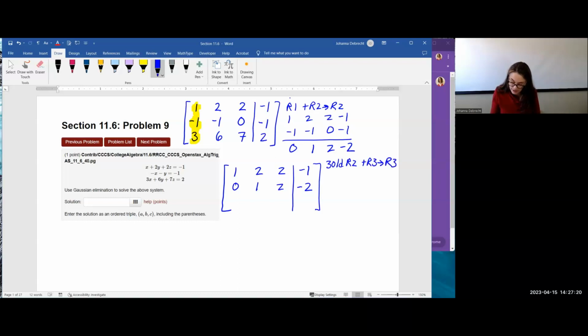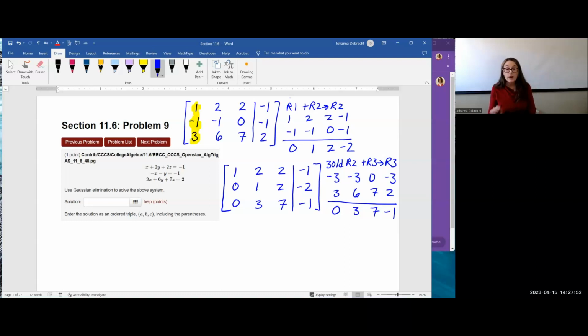So -1 times 3 gives me -3. 3 times -1 gives me -3. 0 times 3 gives me a 0, and -1 times 3 again is -3. And then my row 3 was 3, 6, 7, and 2. Add them together for a new row 3: 0, 3, 7, -1.